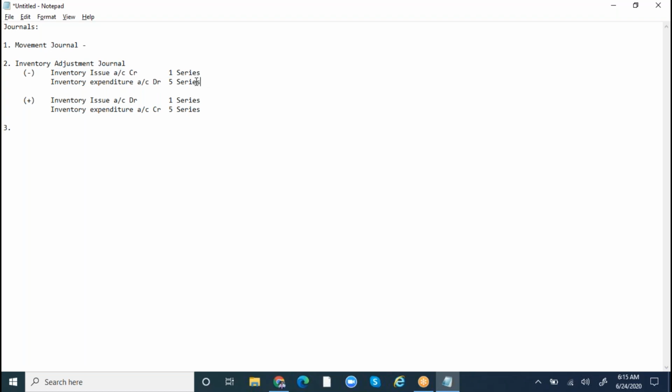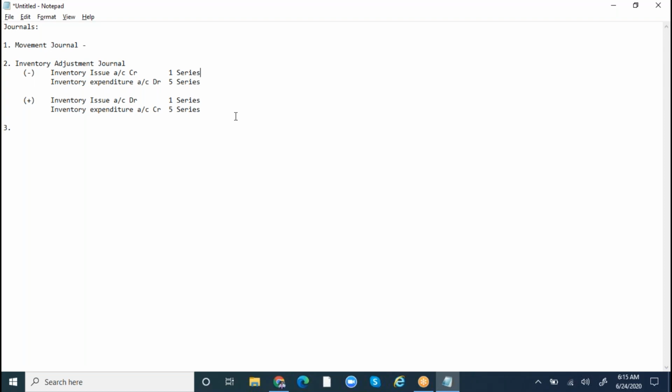Yeah, expenditure. But tell me, just to understand, when I'm going to receive any inventory, the inventory issue account would be debited and the expenditure account would be credited.